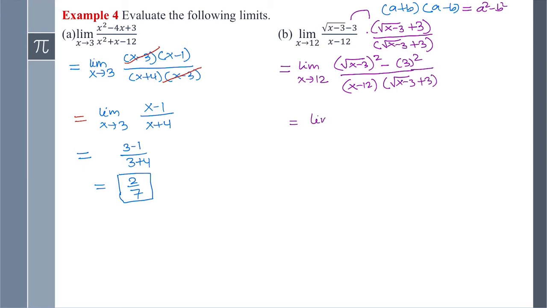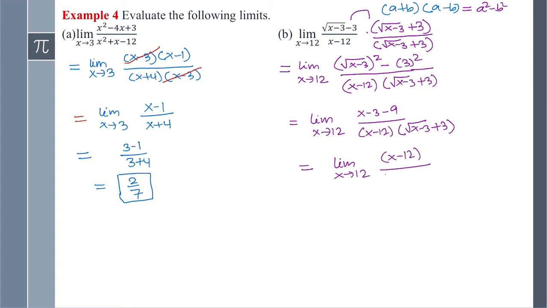The limit as x approaches 12, so this is x minus 3 minus 9 divided by x minus 12 times square root of x minus 3 plus 3, and then the limit as x approaches 12, so the numerator is x minus 12 over x minus 12 times square root of x minus 3 plus 3.